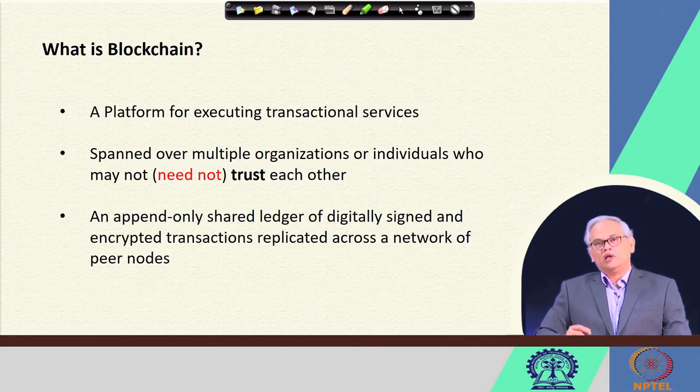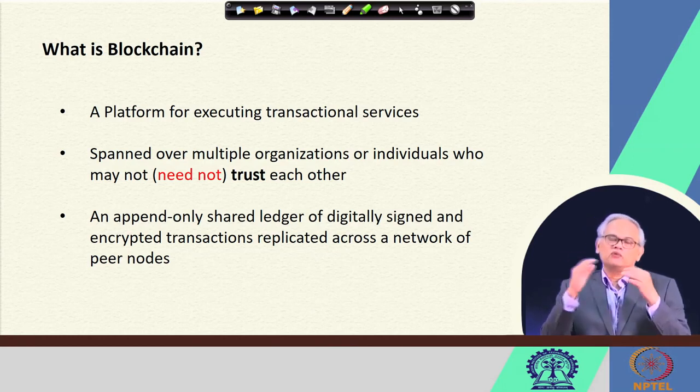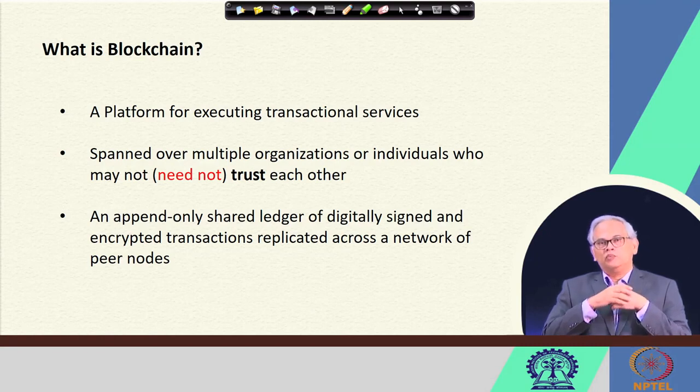Also, remember that in blockchains, we can support transactions which can lead to certain operations in the real world. For example, if a particular state in a country supports this kind of processing, say I have a vehicle, and as long as the vehicle is owned by me, I am the title owner of that vehicle.